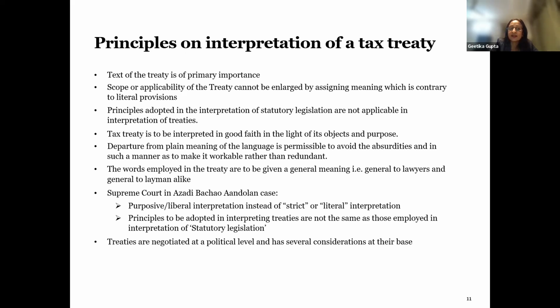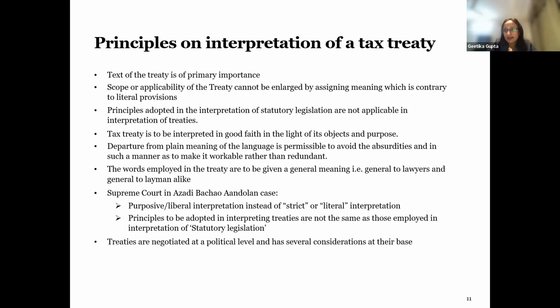The words employed in the treaty are to be given a general meaning, general to the lawyers and general to the layman alike. Again, the apex court in Azadi Bachao Andolan has held that there has to be a purposive, liberal interpretation, and the principles to be adopted in interpreting treaties are not the same as employed in statutory legislation.